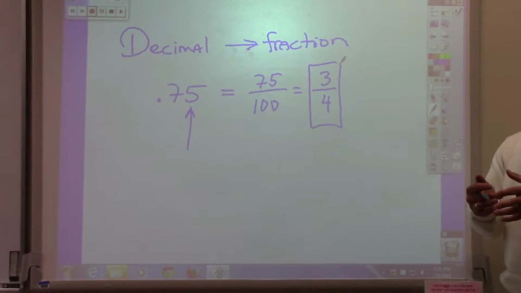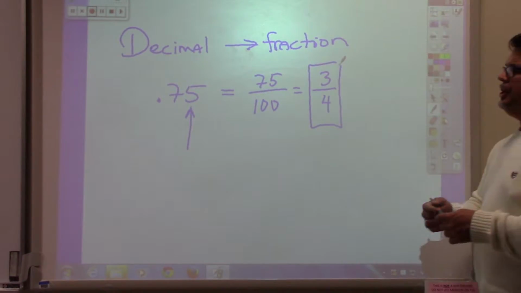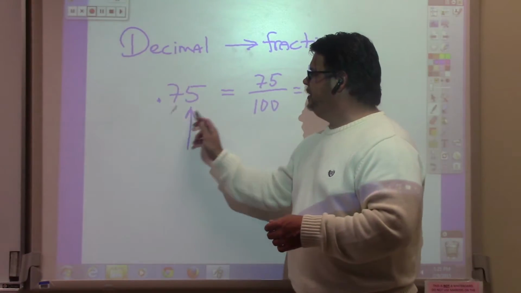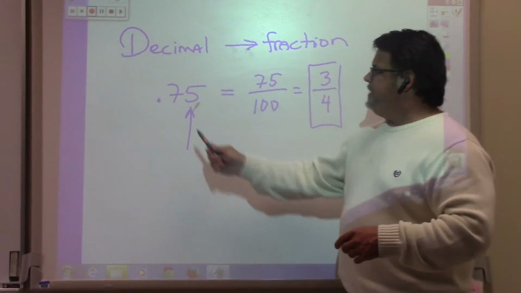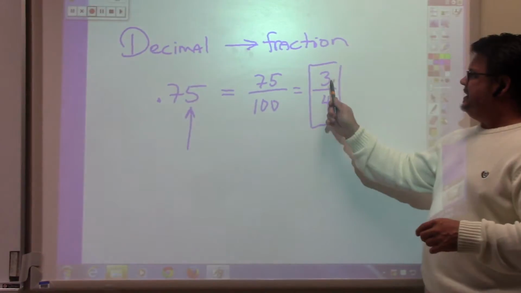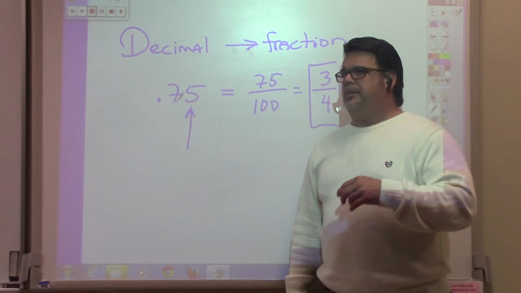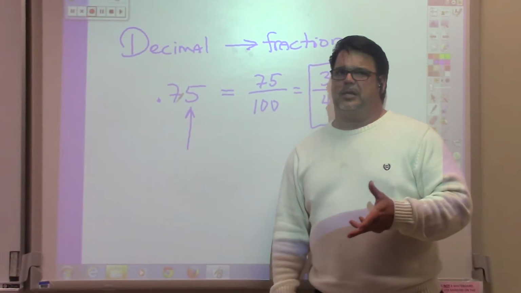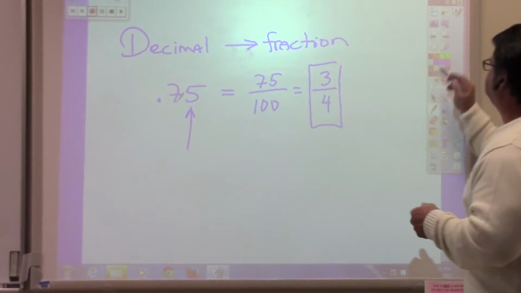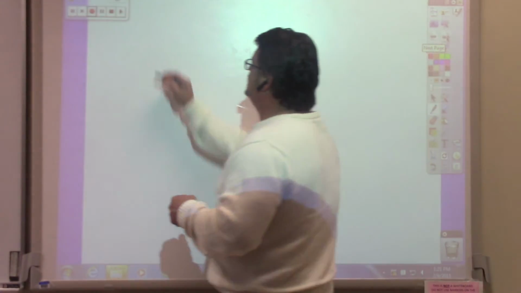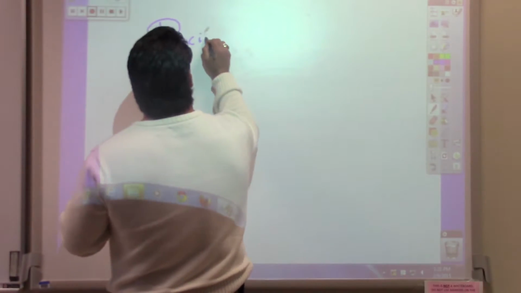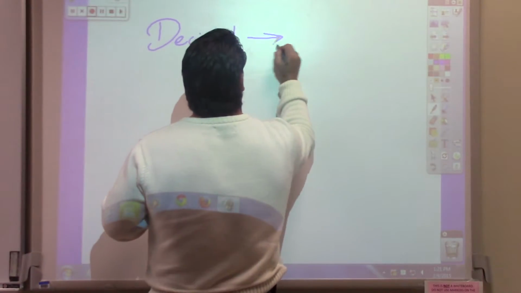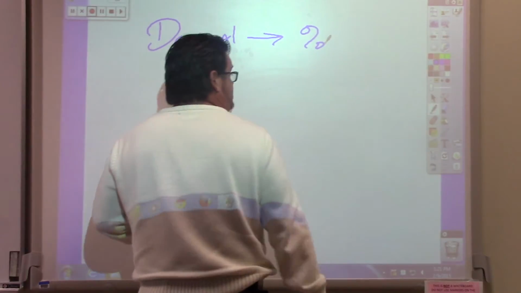What about percentage? Well, percentage is not really a different form. Percentage is another form of the decimal. Where this is different from this, and this is different from this, the percent is not really different from the decimal, it's just another way of writing it. What does percent mean?